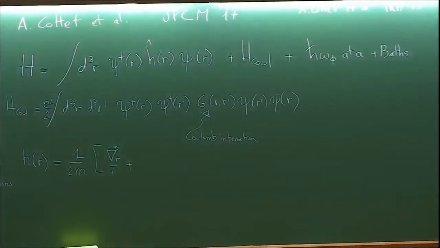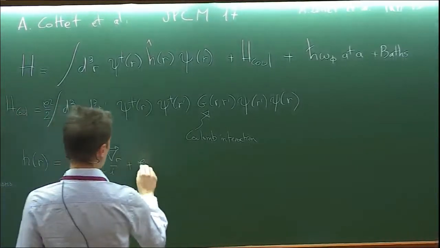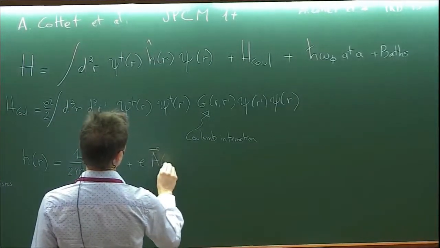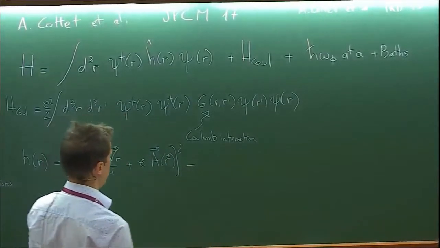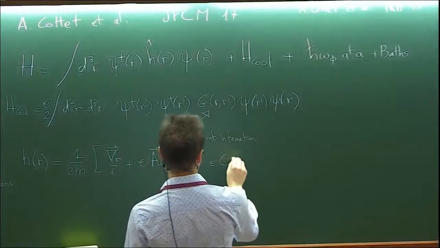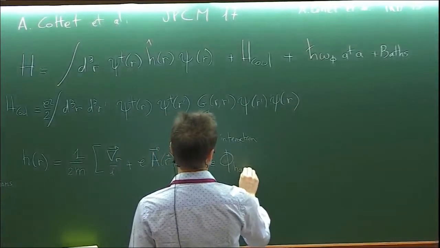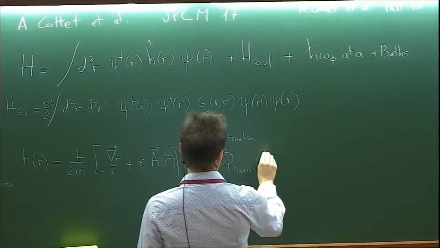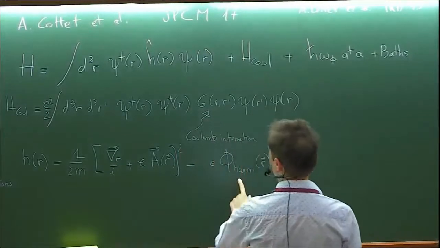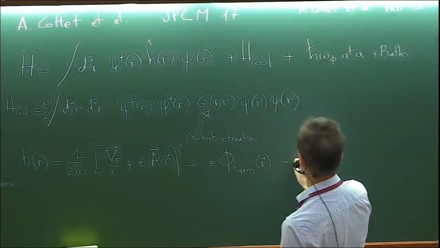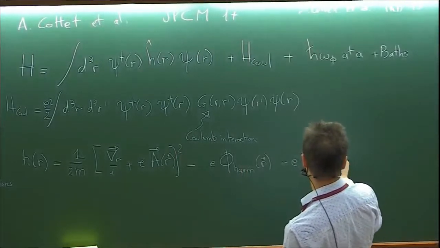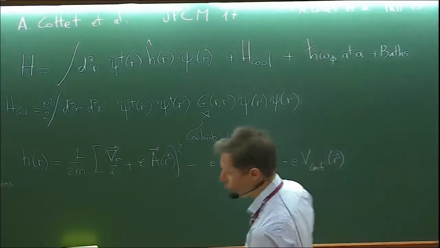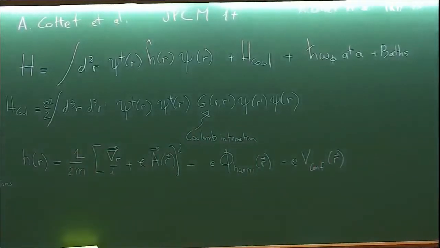plus the vector potential here. So minus, so two potentials. There is one potential which comes from the harmonic mode, which shows up in the quantization process, and there is the confinement also.